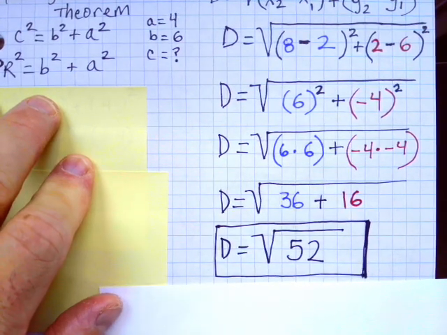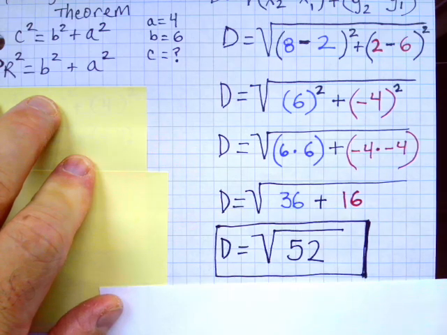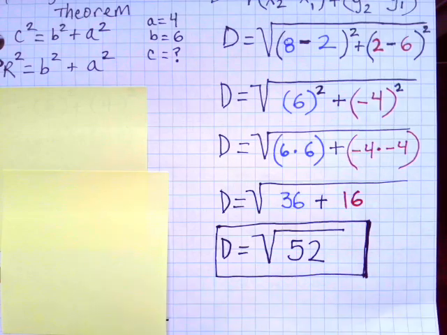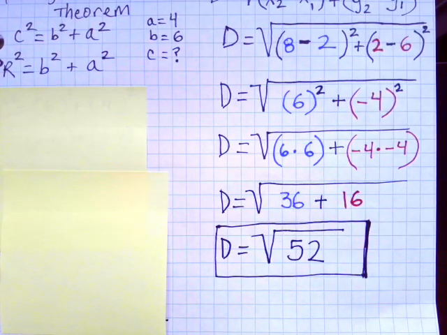I apologize for the shaking. I need a new camera, darn it. As you had seen in the part 2 video, you want to try to break down that square root of 52 to see if it's a perfect square. The closest perfect squares would be 49, 7 times 7, and 8 times 8, 64. So 52 is right in between.